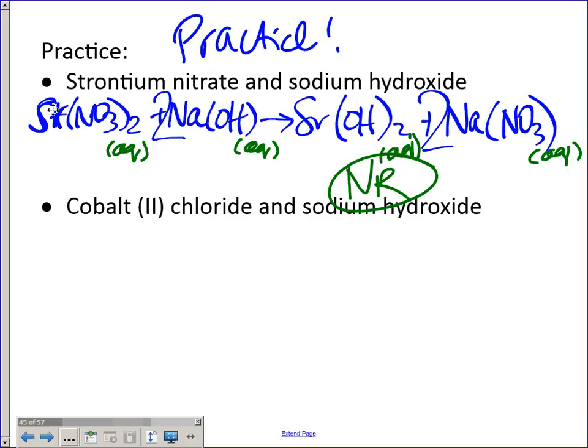So that's not copper 2 right there. Compound or copper 2. No, it's not.